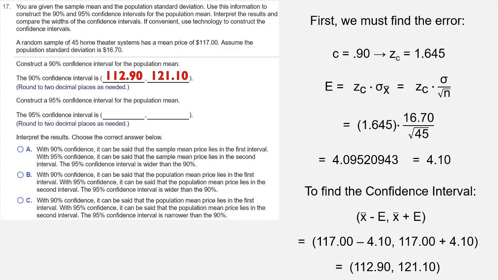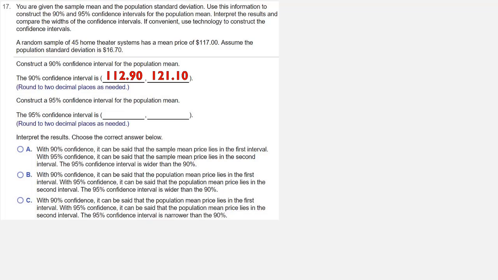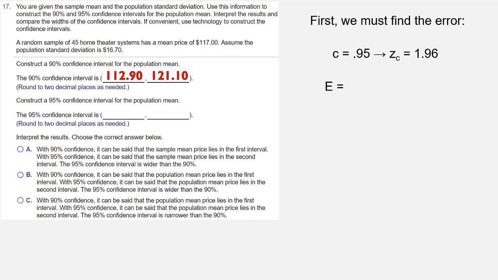To construct the 95% confidence interval, we have to find the error. In this case, when C is 0.95, the ZC score is 1.96. So we find the error with the error formula.